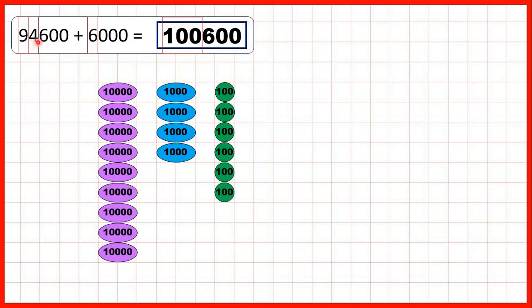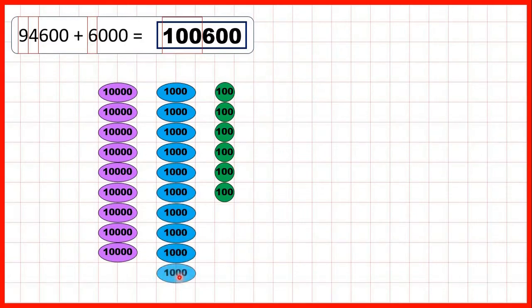Then we had 94,600, so that's 9 10,000s, 4 thousands and 6 hundreds. Let's add 6,000. If we add 1, 2, 3, 4, 5, 6 thousand counters, we now have 10 thousand counters.